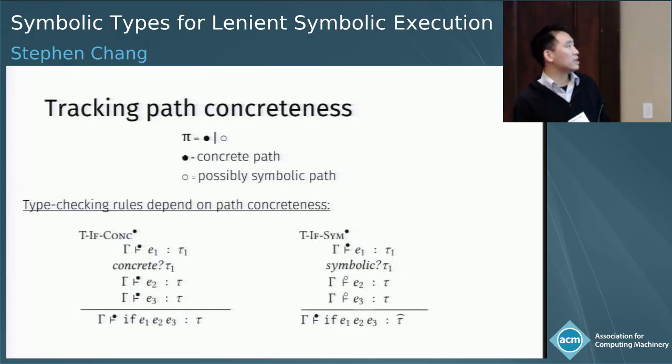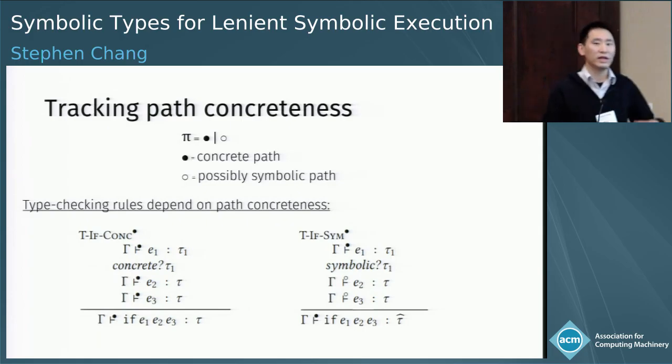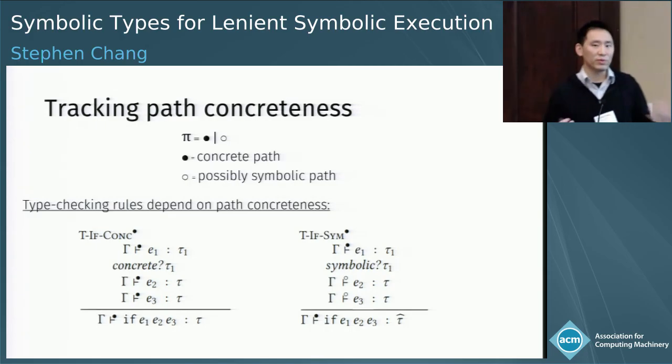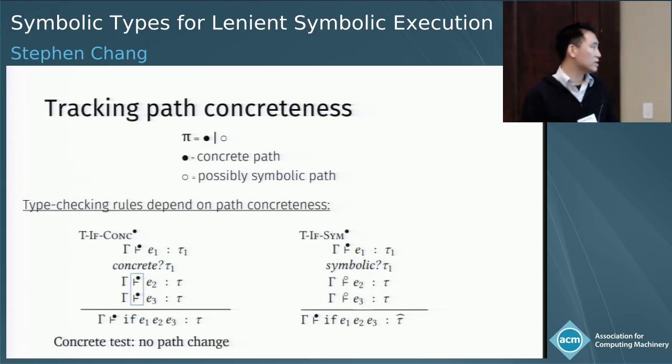And so with these path markers, now we can define type rules that depend on them. So here's two parts of the type rule for if expressions. On the left, the if expression occurs in a concrete path because it uses the black circle judgment.